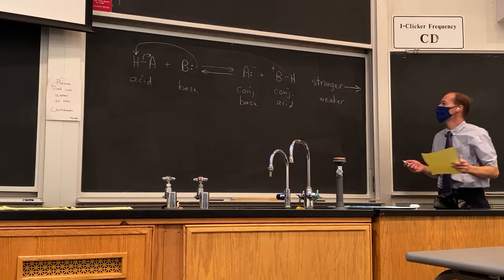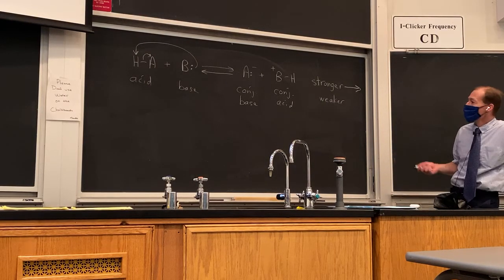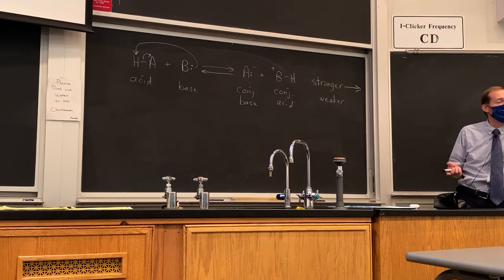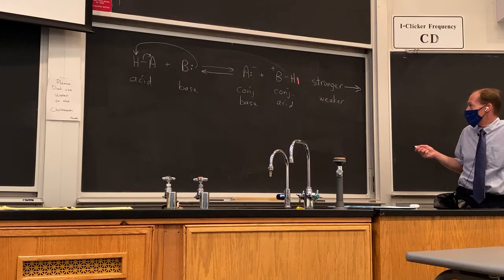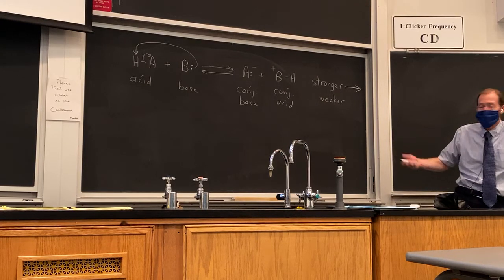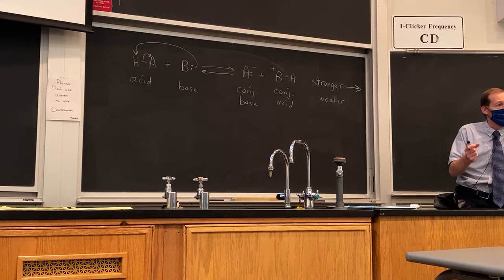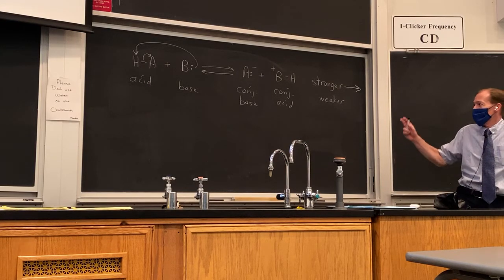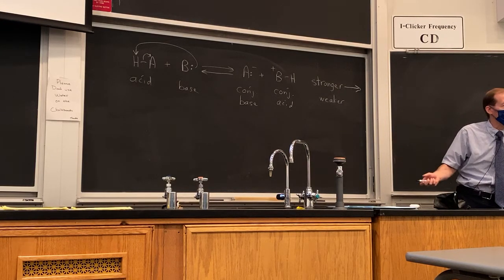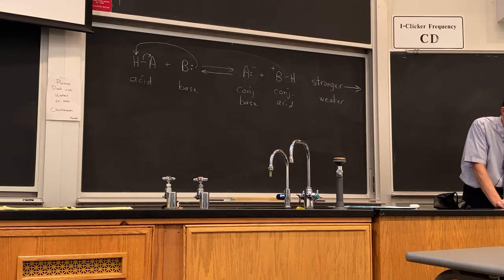So if our conjugate acid is a weaker acid than the acid we started with, the reaction will be favorable. Conversely, if the conjugate acid is a stronger acid than our original acid, it will be unfavorable, and we will have more of our reactants at equilibrium than of our products.